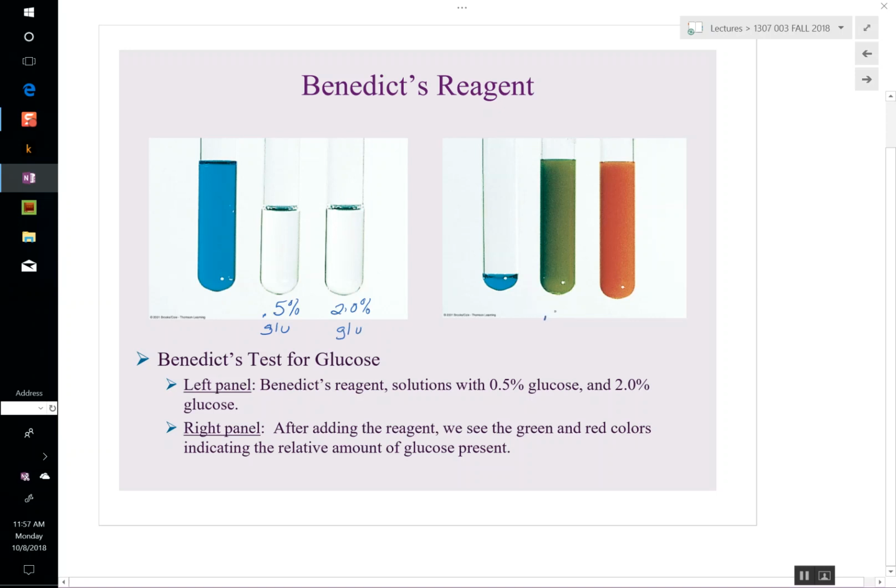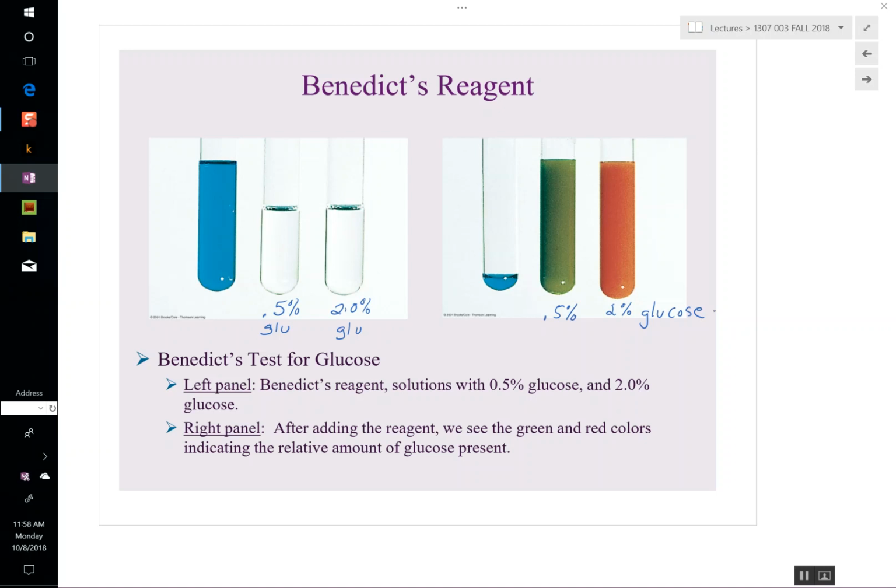And over here we got 0.5% glucose and 2% glucose. So here is the beginning, here's the end of the test. So what did we do? We took half of this Benedict's reagent and poured it into this test tube, and the other half of it poured into that test tube.